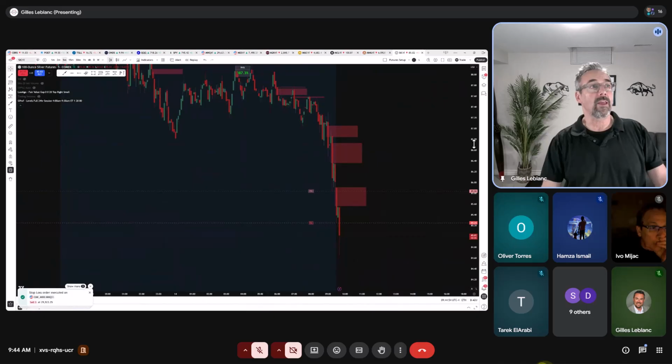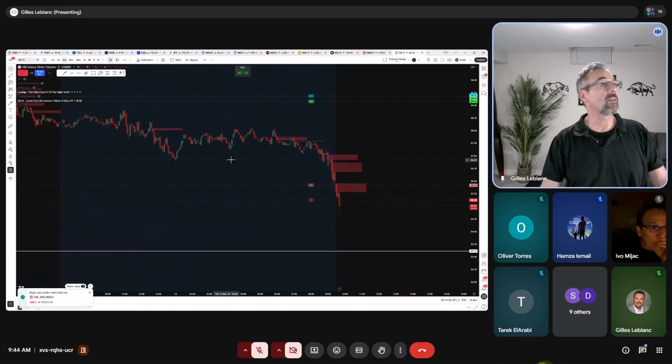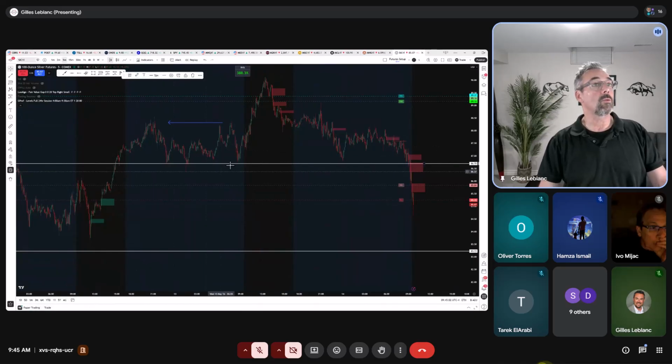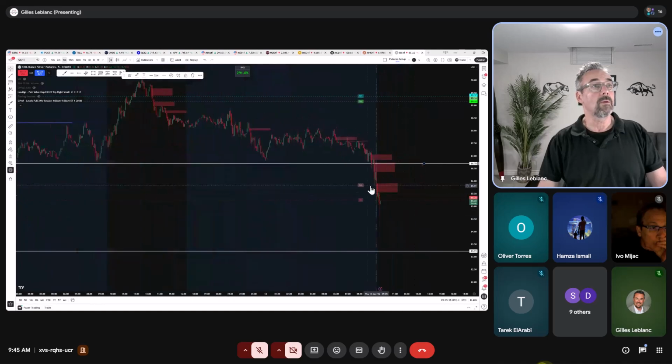Silver seems to be selling as well. This was an area of possible support. We broke down below it, right? Over here was support, but then we broke below support, but did not come back and retest.